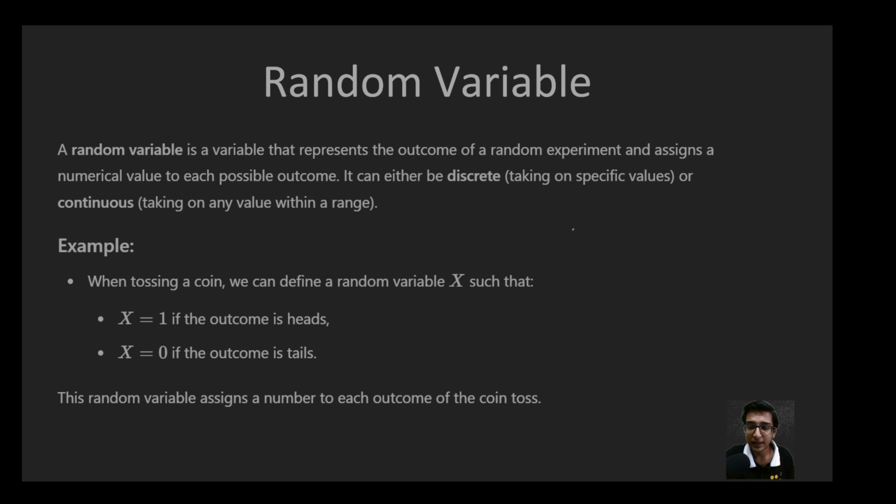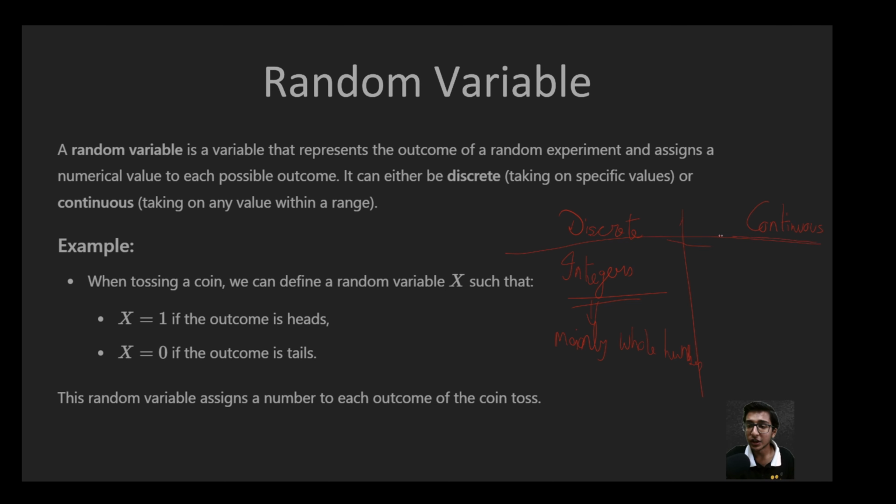Now one thing that I must not forget, random variables are of 2 types. One is discrete and one is continuous. Again, continuous is not in our syllabus. You will learn continuous when you get into college. Discrete is values having integers, mainly whole numbers most of the time, but they are integers as well.